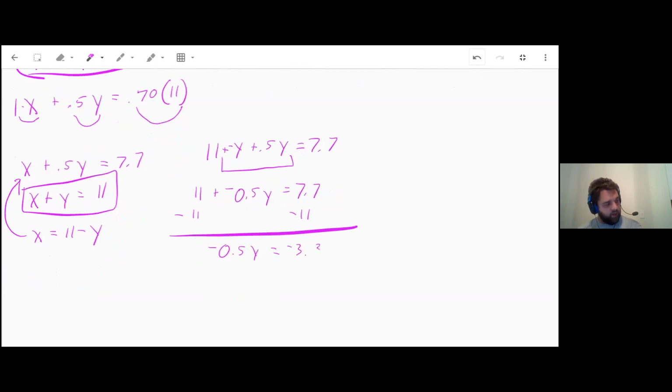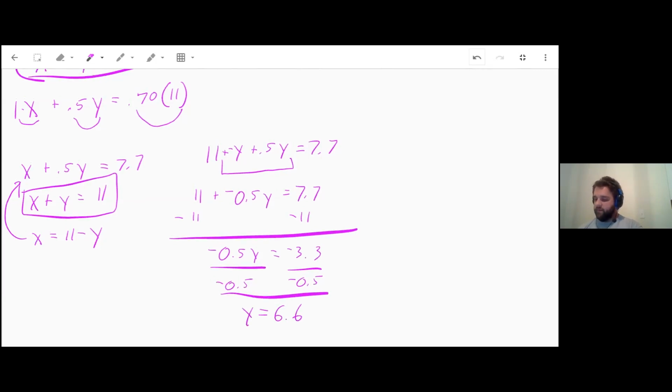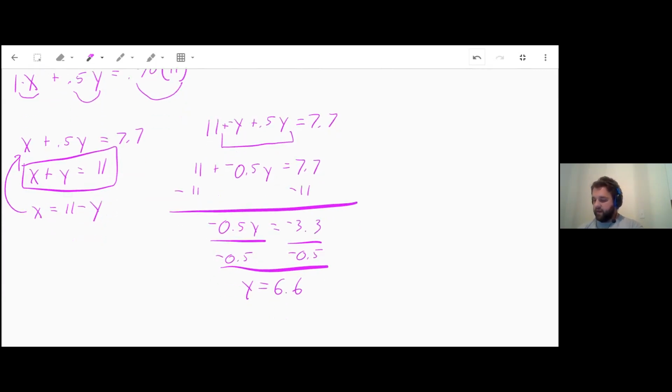negative 3.3, which we can now divide by negative 0.5 on both sides. So Y will come out to be positive 6.6. Well now, if Y is equal to 6.6, that means 11 minus that 6.6 is going to equal X. So 11 minus 6.6 is 4.4.